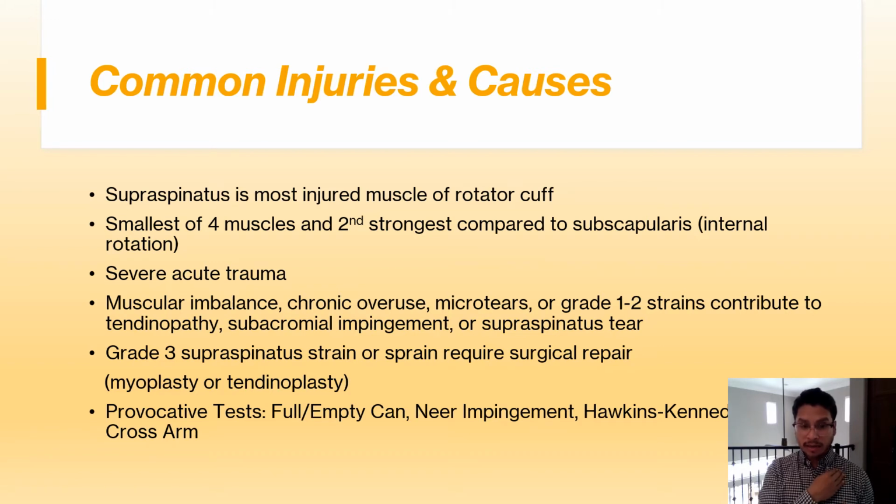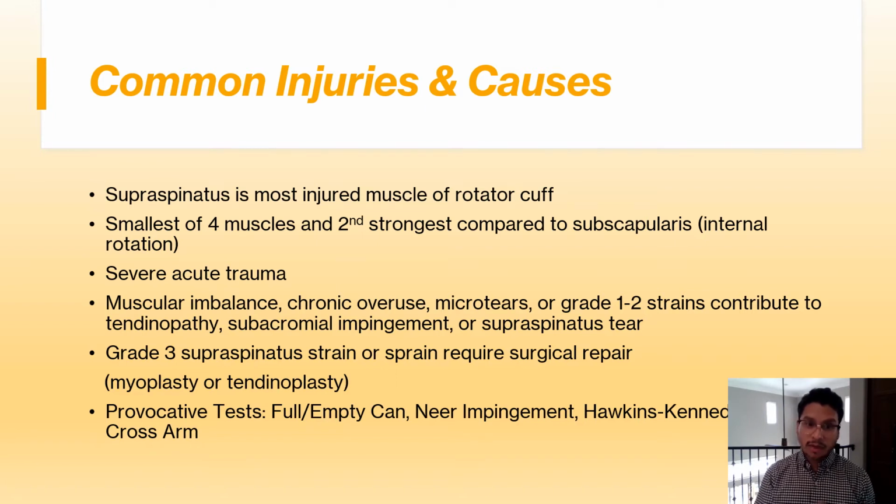to the supraspinatus and the shoulder are due to muscular imbalance, maybe from a previous injury that had not been properly rehabbed, or becoming deconditioned because of a sedentary lifestyle, and then trying to lift a heavy object that's beyond your capacity could injure the shoulder or the supraspinatus muscle or tendon.